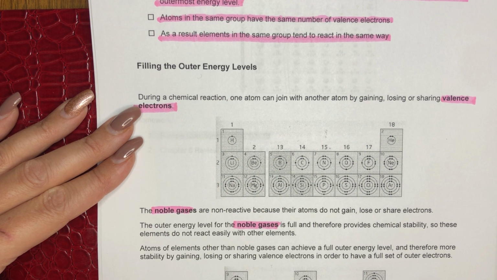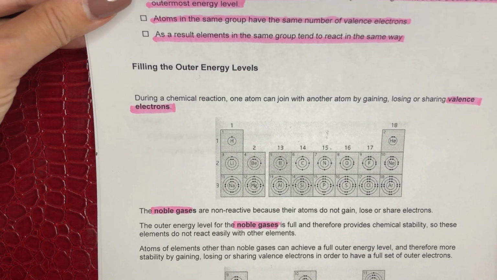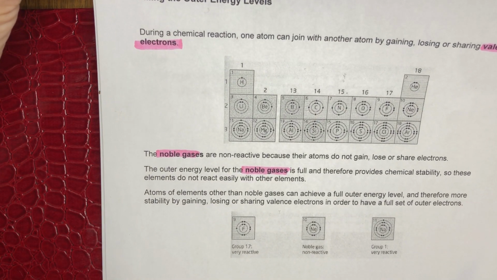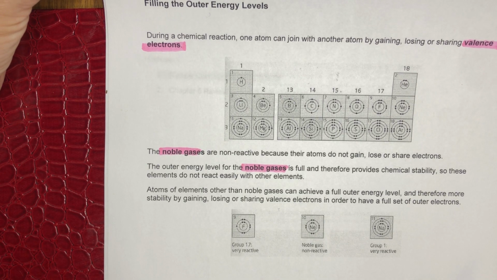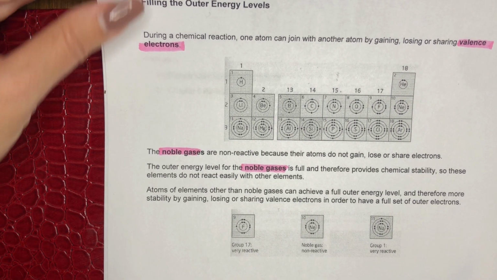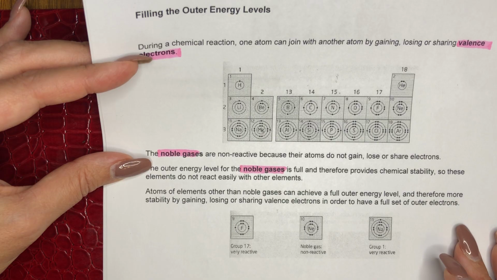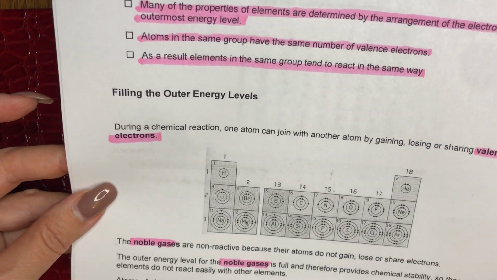So these elements do not react easily with other elements. Atoms of elements other than noble gases can achieve a full outer energy level and therefore more stability by gaining, losing, or sharing valence electrons to have a full set of electrons. So we will see that in the next chapter.